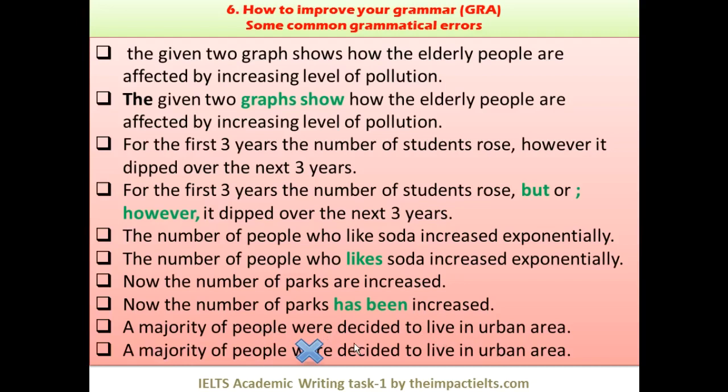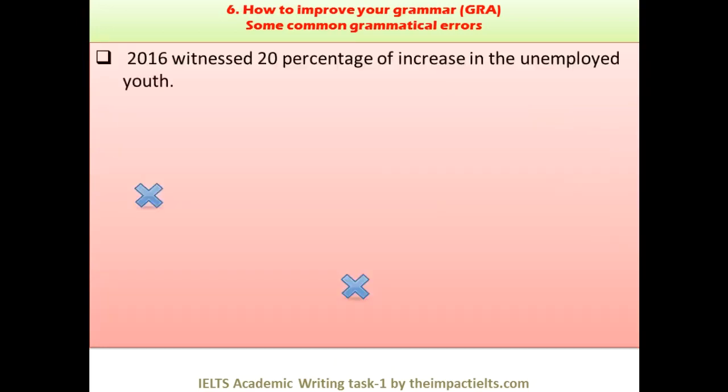People were decided sounds like people are decided upon by somebody else, which is not possible, right? Actually people have taken this action of decision making, so we have to use active voice, and this mistake is again made a lot. So: majority of people decided to live in urban area. Right? Okay.